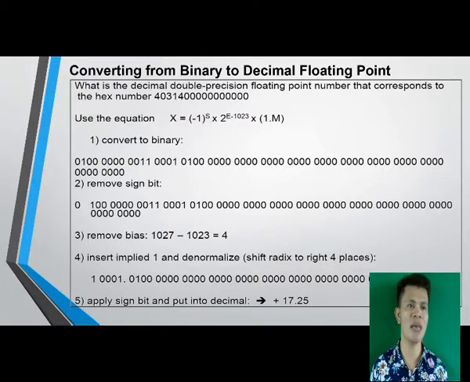Of course, the same procedure. Step 1, convert the hex number to binary. Number 2, remove the sign bit. Number 3, remove the bias to get the equivalent exponent. Number 4, insert the implied 1 and normalize, shifting the radix to the right 4 places.